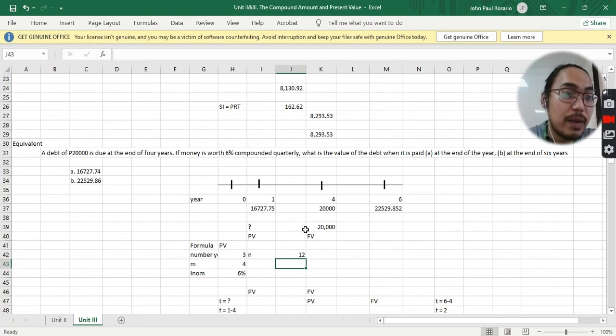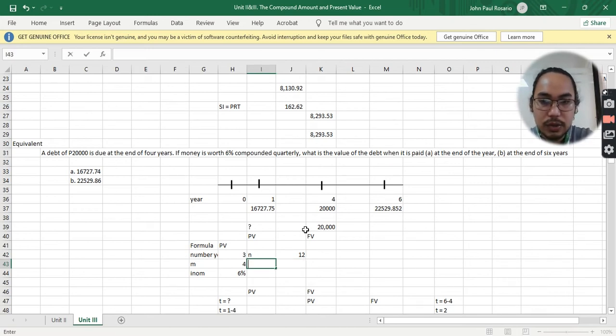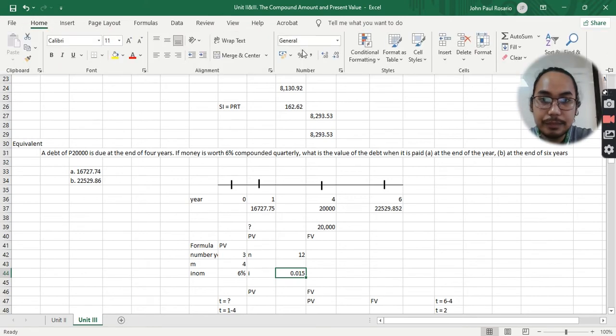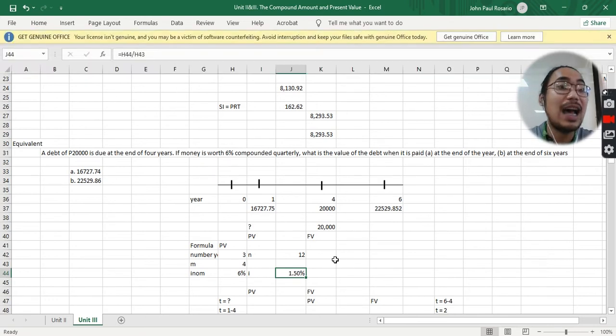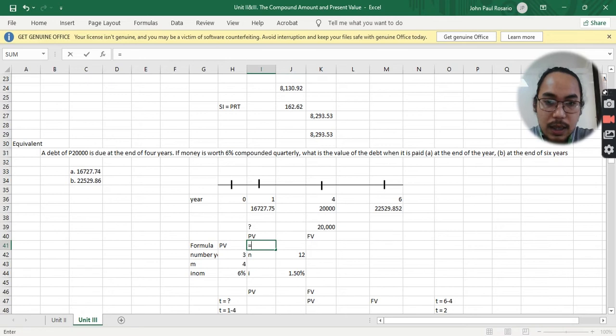Negative 12 to be exact because we went back in time. And our I should be 6% over 4, so 1.5%. So our PV here is 20,000, we multiply that by 1 plus our I, and then we raise that to negative N. We use the negative sign because we are solving for the present value. The answer is 16,727.75.